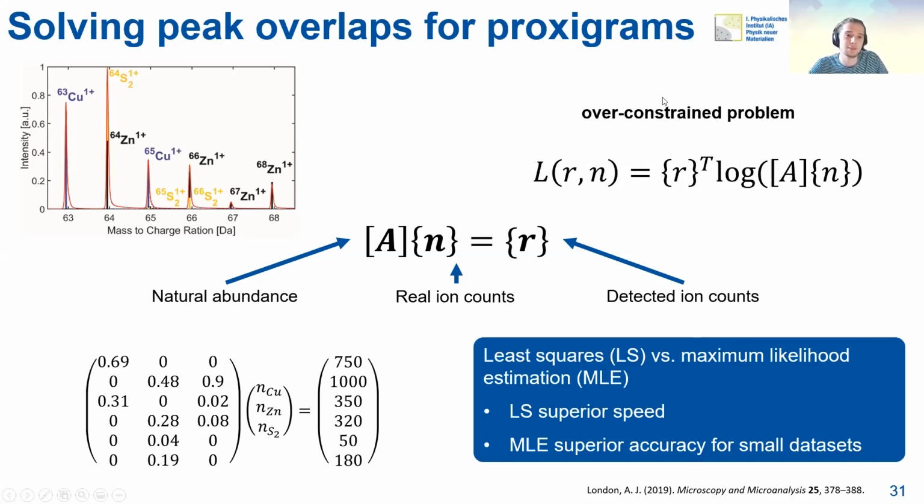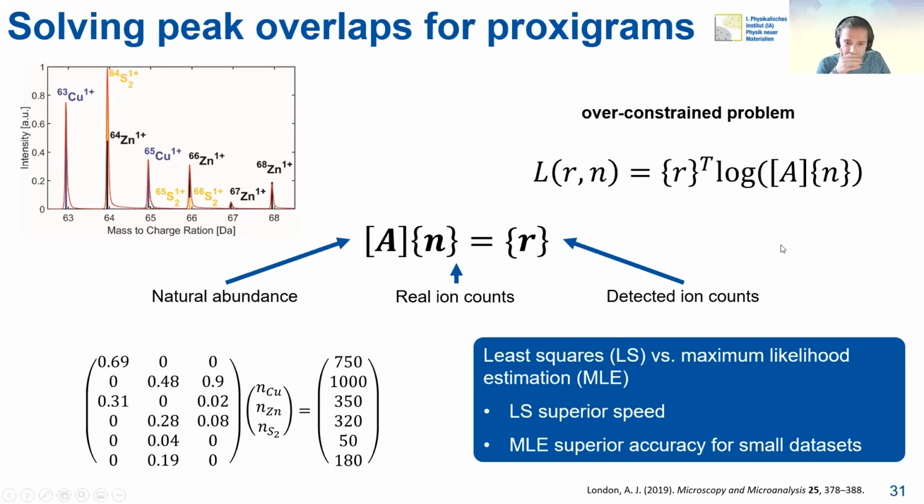So we made our own approach together with the work of Andrew, which used the natural abundances of the different ions in each bin of the proximity histogram in a maximum likelihood estimation to get some nice data out of the uncorrected proxygram.